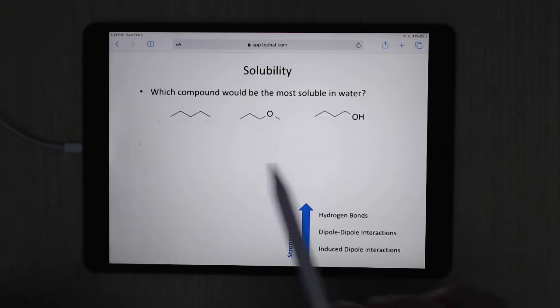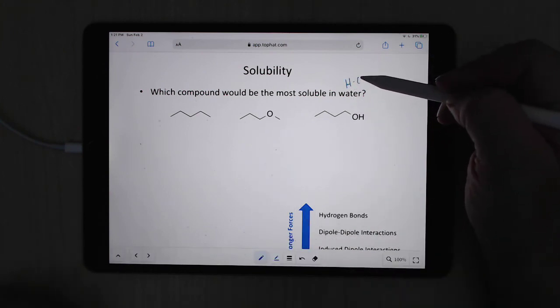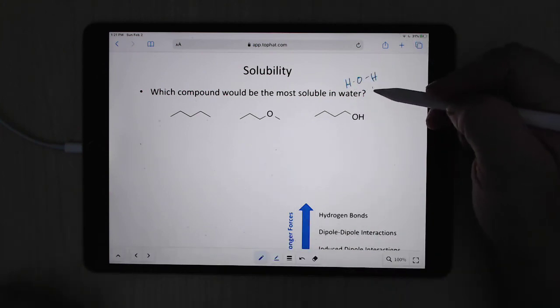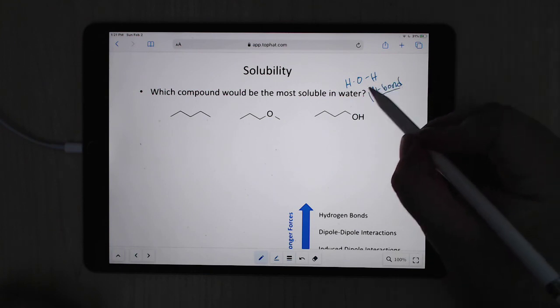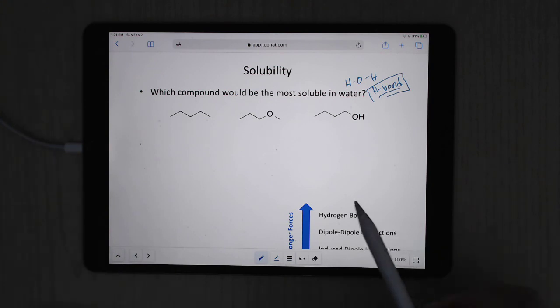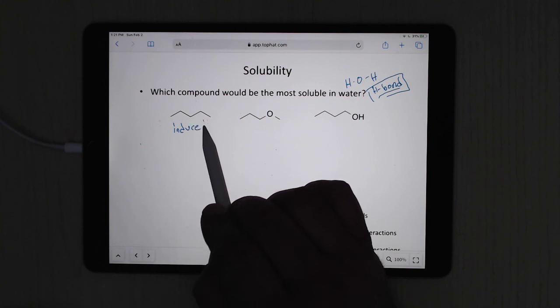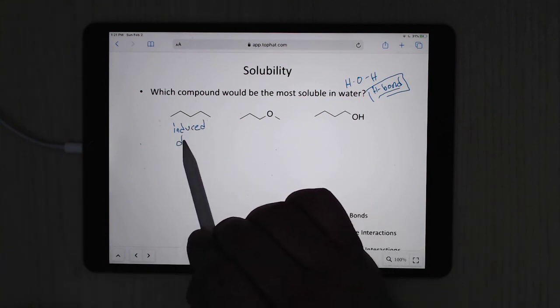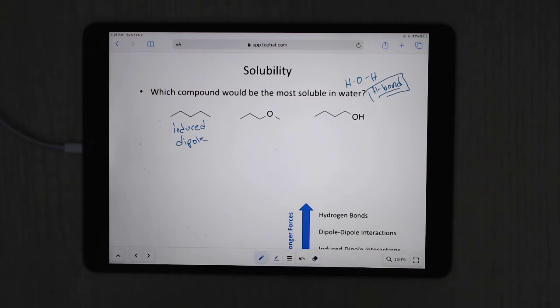If you're looking at this, which is going to be most soluble in water? Remember, water is HOH, so this is going to be hydrogen bonding. That's the strongest interaction. For this one, it's the induced dipole, because it can't do any sort of hydrogen bonding, and it doesn't have a dipole moment or dipole interactions or anything like that.